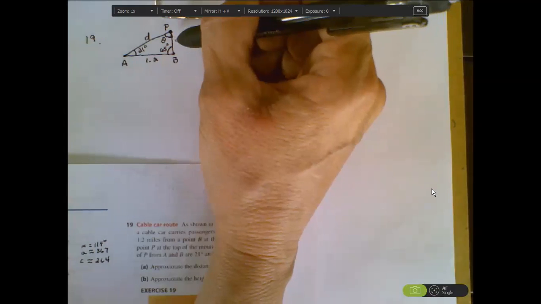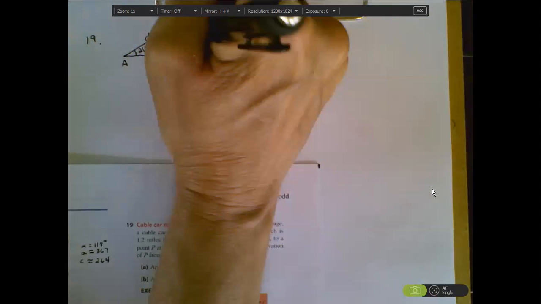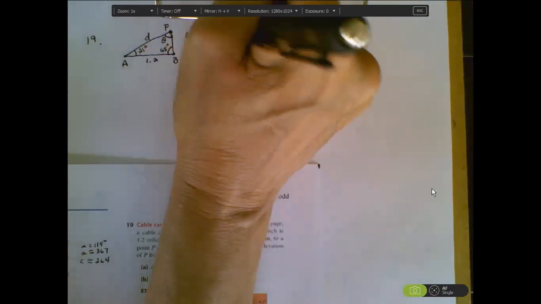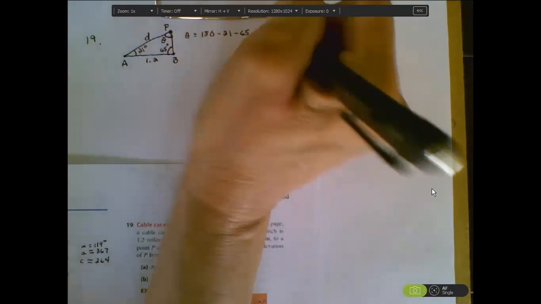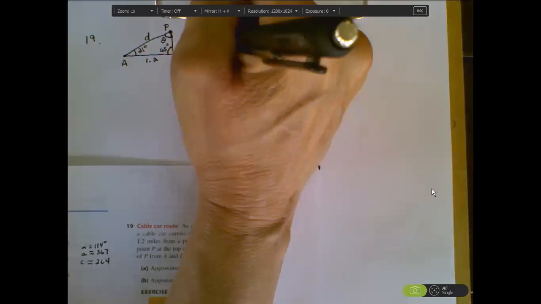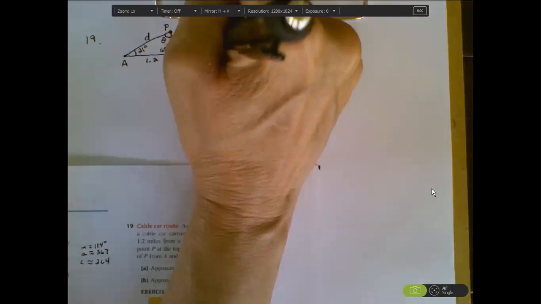You can find it. Sure. If you're given 2 of the angles in the triangle, then the third angle is 180 minus the 2 that you're given. And so theta is, let's see, 86 from 180 is 94. Is that right?